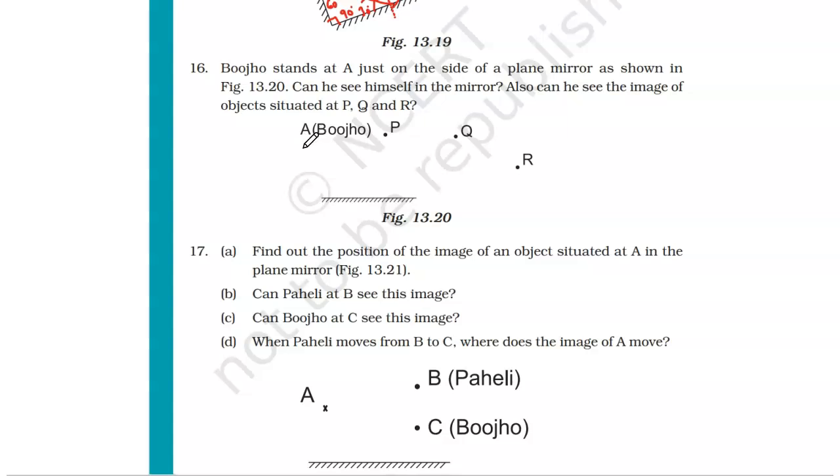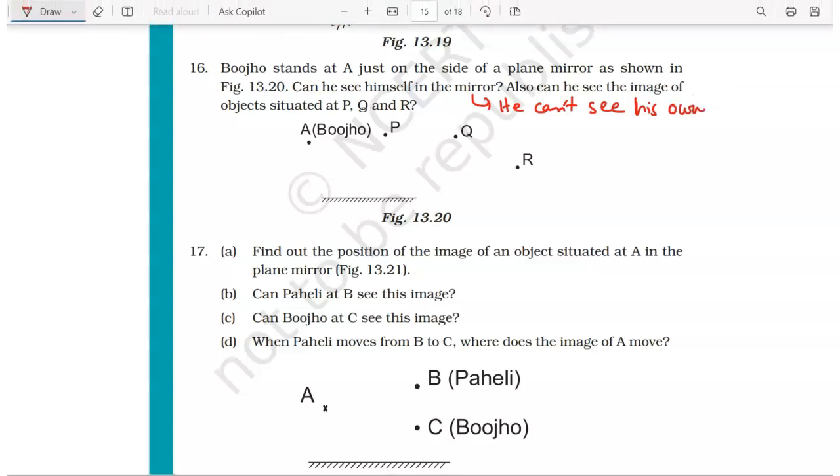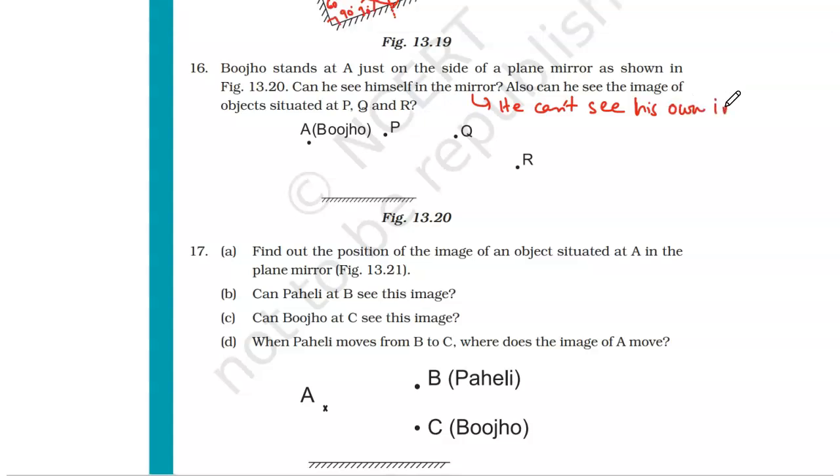The answer to the first question is that he can't see his own image. And why? Because he is not standing in front of the mirror.